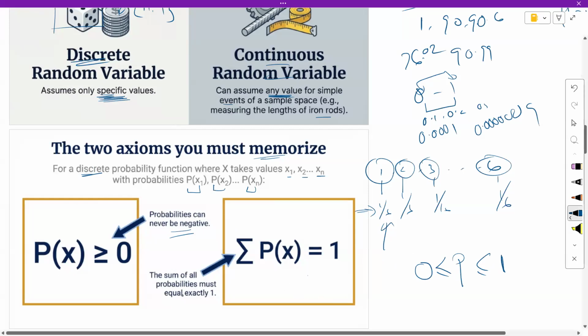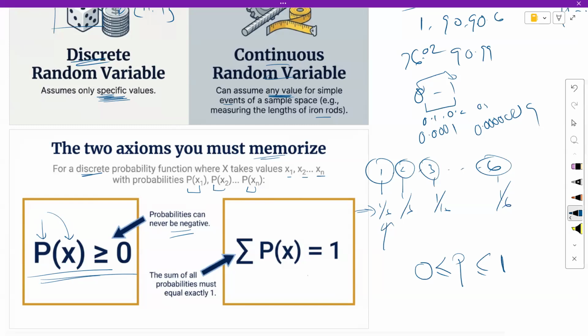Probabilities can never be negative, so we can express in this notation, probability of variable x should be equal to or more than 0. So it cannot be negative. The probability of any variable cannot be negative, like we can't write negative 0.01 or negative 0.002.